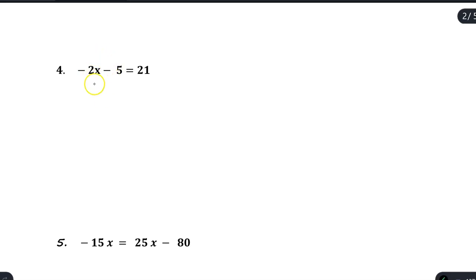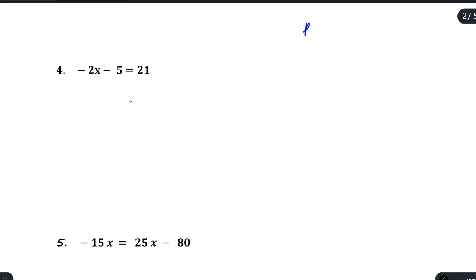What you need to do is, if you have negative 2x subtract 5, the operation that you need to get rid of first is the subtract 5. You have to bring the 5 somewhere else or get rid of it before you can get rid of the negative 2. BADMAS is telling you that you have to do brackets first, right?